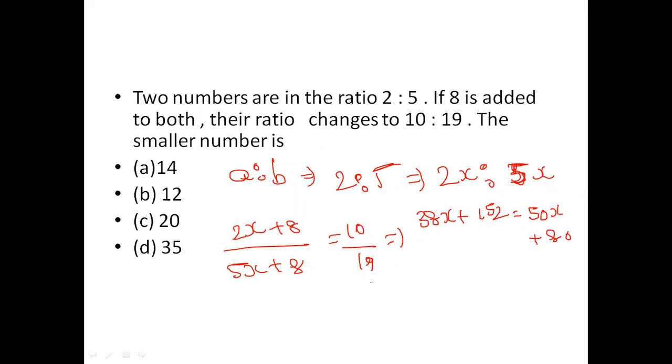So 50x minus 38x, that is 12x, which is equal to 152 minus 80, it is 72. X is equal to how much, guys? 6. What they're asking in the question is to find out the smaller number. Smaller number is nothing but 2x, which is equal to 2 into 6, that is 12.